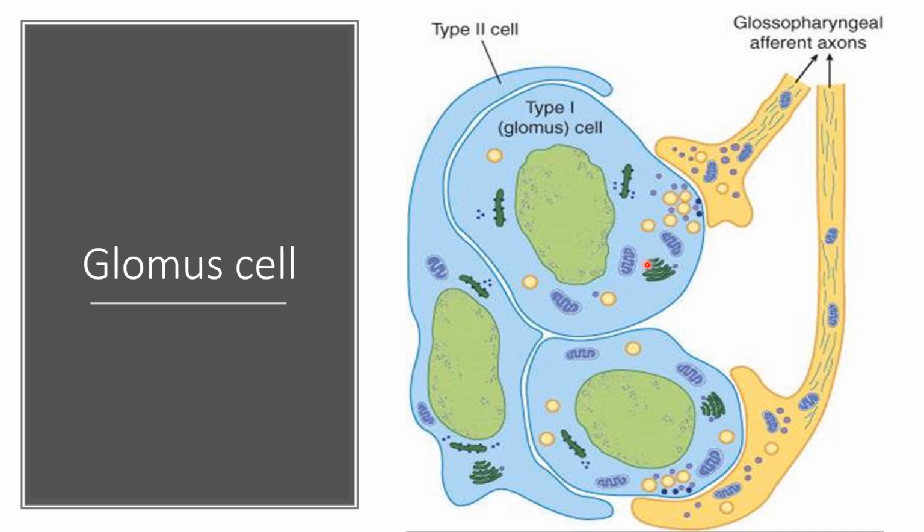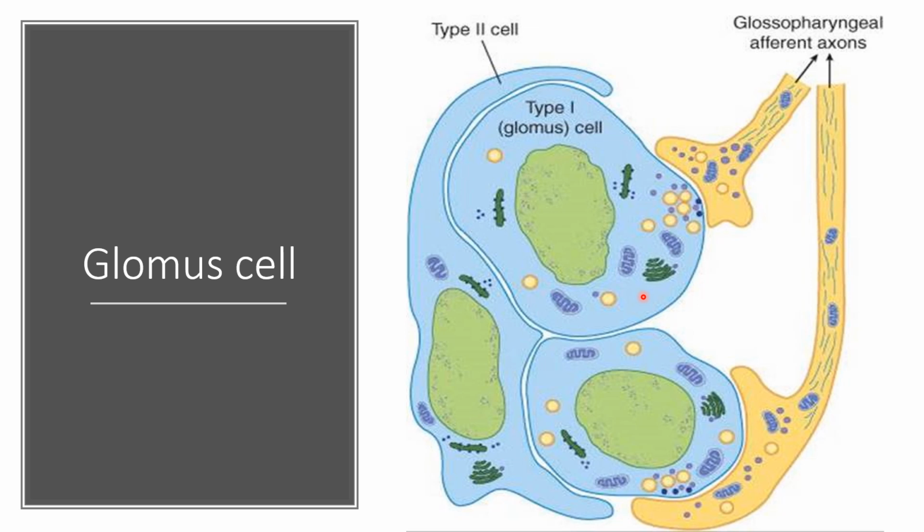The specialty of these neuroectodermal cells is that they have voltage gated ion channels on their membrane and many granules. What do these granules contain? They contain norepinephrine, dopamine, and substance P. These chemical substances, especially the catecholamines, are released when the cells are stimulated by hypoxia, or decreased partial pressure of oxygen.